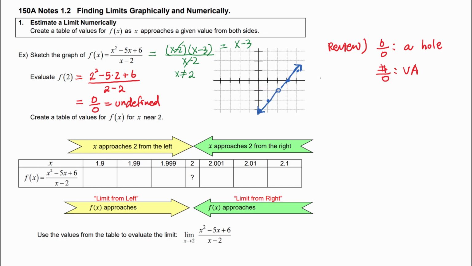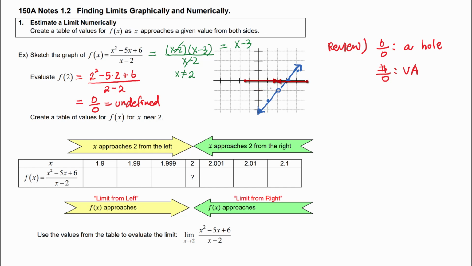What does the function value try to approach as x approaches 2 from the right? If x approaches 2 from the right, your function is going down, down, down, and tries to reach this point as well. And that y value is negative 1.